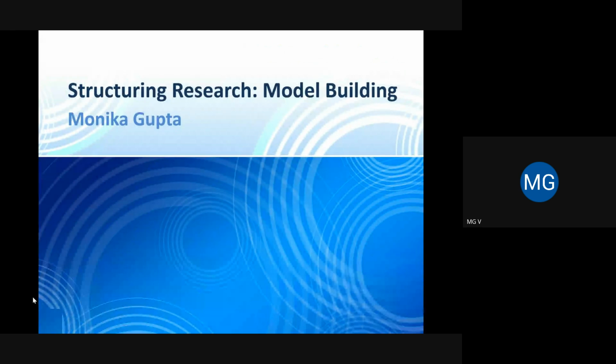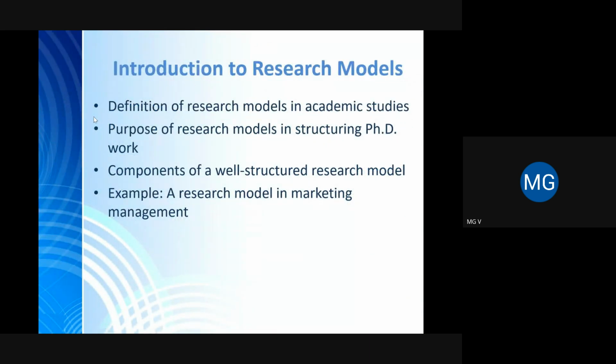Now, if you look at it, I hope the slides at the beginning will become clear. Easy, right? So we started with structuring research, that is model building. And we started with introduction to research models, where we have gone through the definition of research models in academic studies, purpose in structuring PhD work, components of a well-structured research model, and we have taken an example of a research model in marketing management, right?